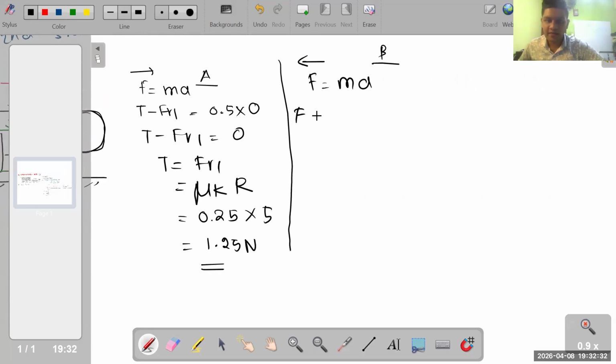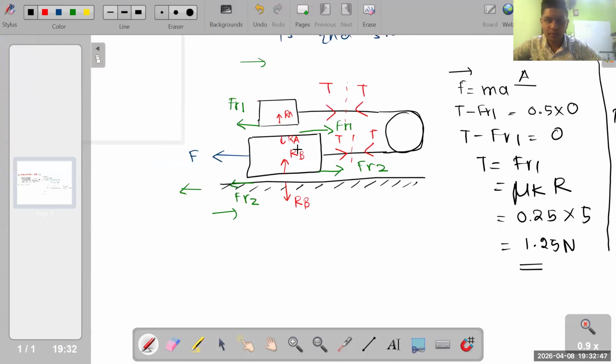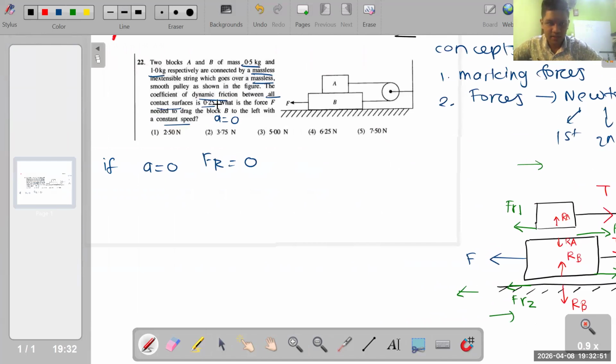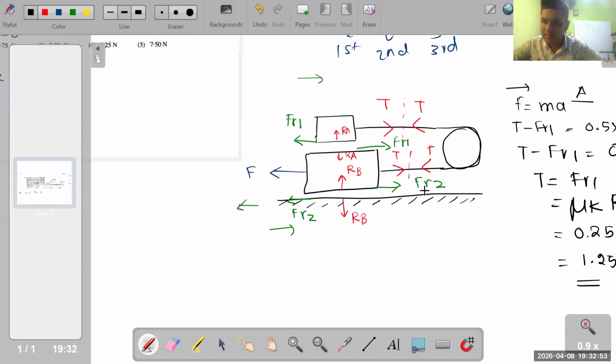So I can write F minus tension plus frictional force 1 plus frictional force 2 equals mass into acceleration. What is the mass? They have said it is 1 kilo in the question, but it is not the only mass.